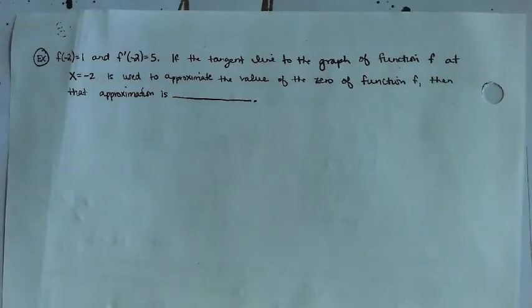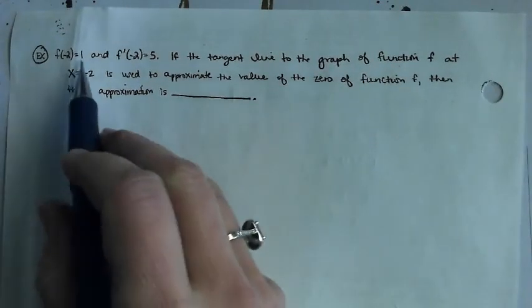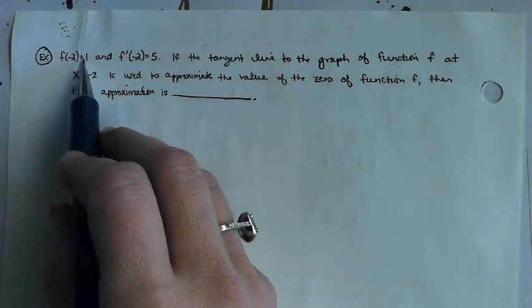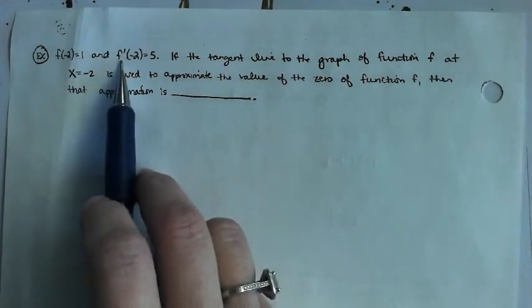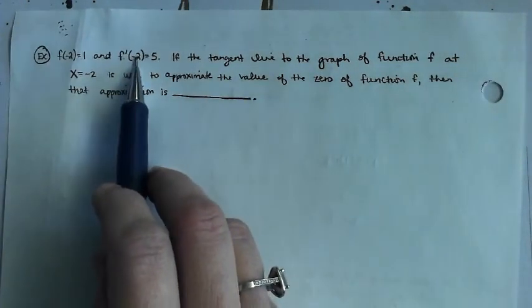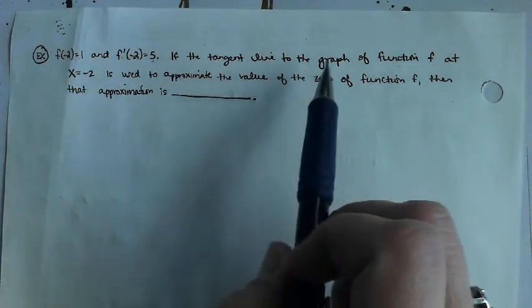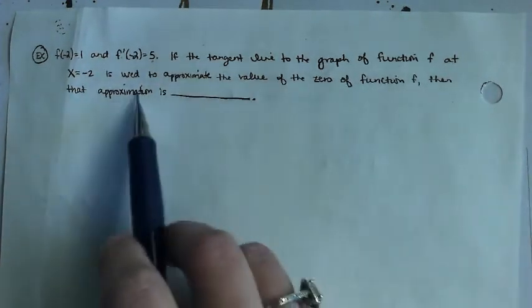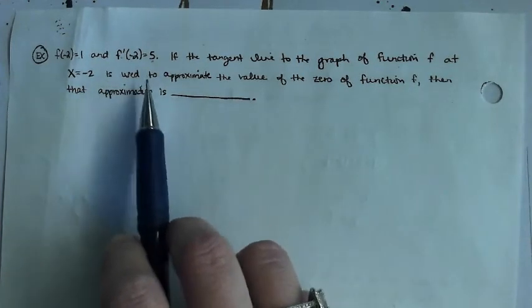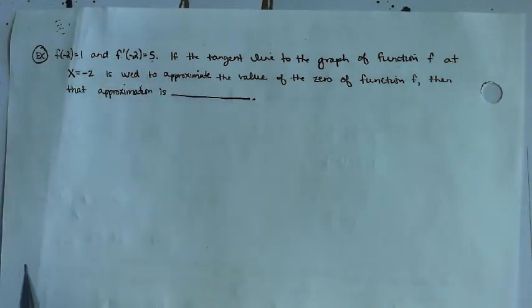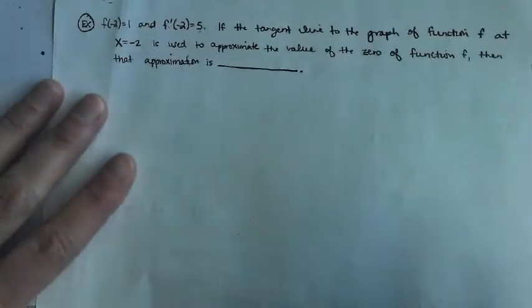And the last one here, they're giving us a point, f of negative 2 equals 1. Then they're telling us that the slope at negative 2 is 5. If the tangent line to the graph of the function f at x equals negative 2 is used to approximate the value of the 0 of function f, then that approximation is, okay, sketch a graph.